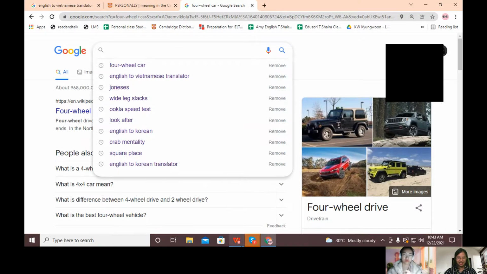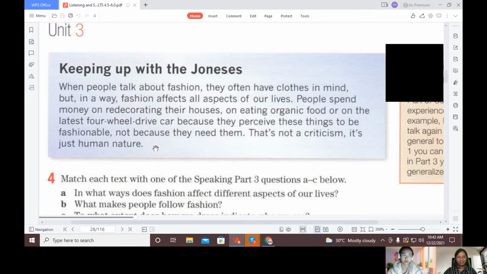So, how about you, Nancy? About spending money? I don't know. Maybe in the future, if I'm rich, I can buy something that I want more than I need. But now I will buy something I need first.